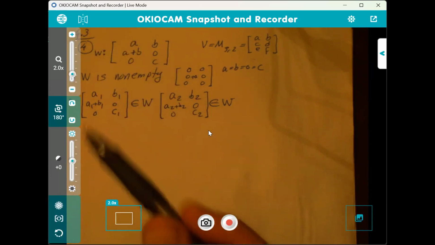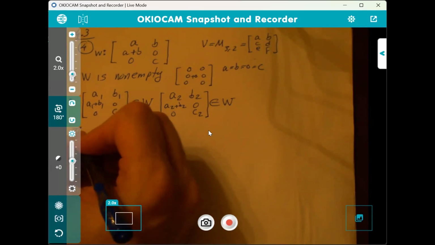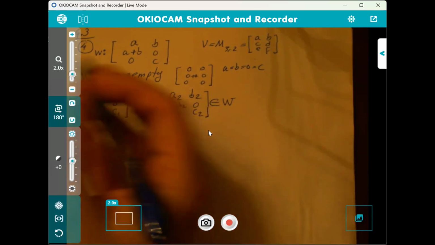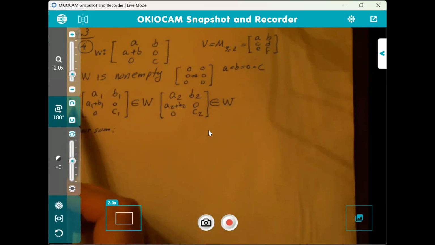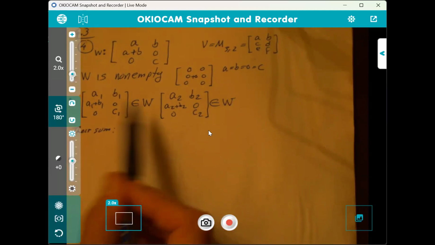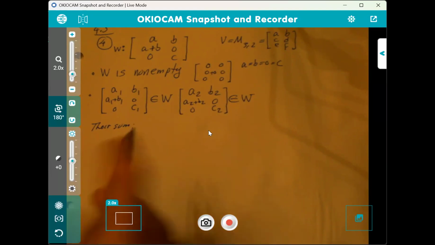Okay, now let's see. Let's do their sum. If you like, you're welcome to call these M prime, M double prime, M1, M2, whatever you want to call those matrices, it doesn't matter. So let's do their sum.